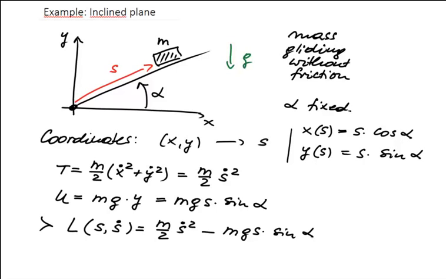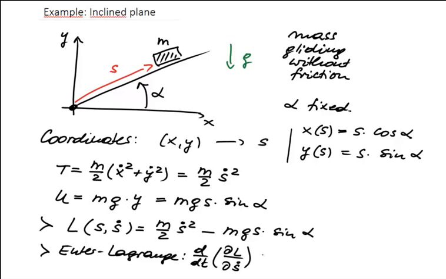Once we have that, we can immediately write down the Euler-Lagrange equation. The Euler-Lagrange equation is d over dt of dL with respect to the time derivative of the coordinate, and this must equal dL over ds.